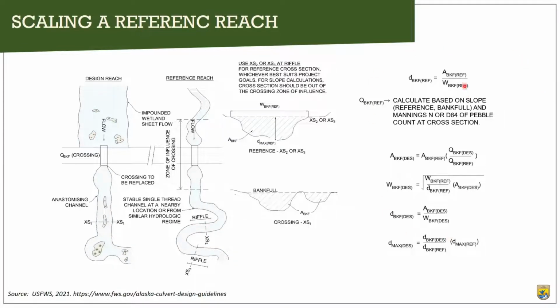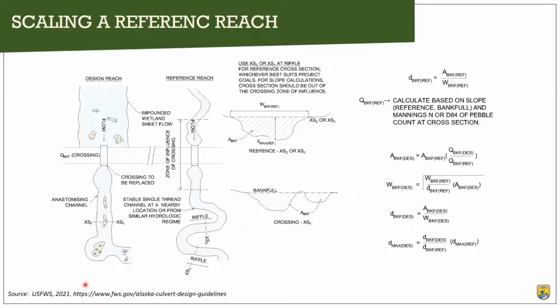And then we can use these equations and the relative value of those bankfull discharges to scale up our reference reach cross section and end up with a single thread cross section, or a single cross section that we can use in our new channel design.